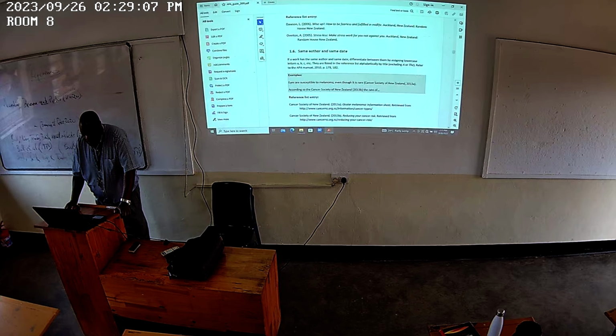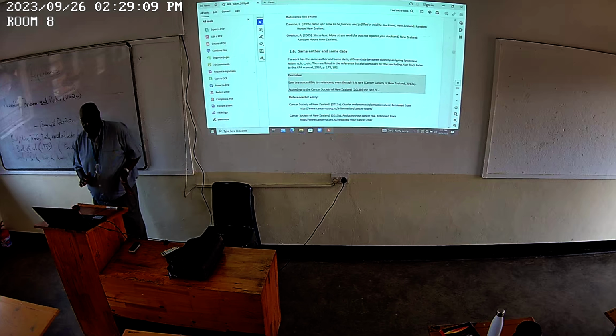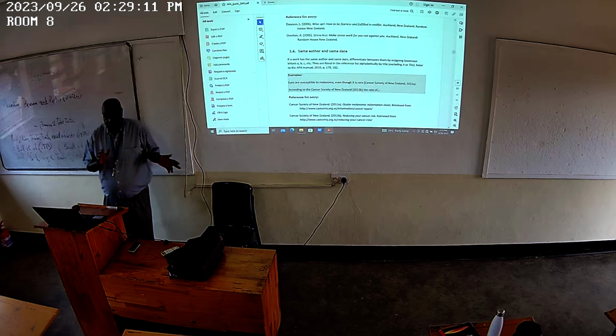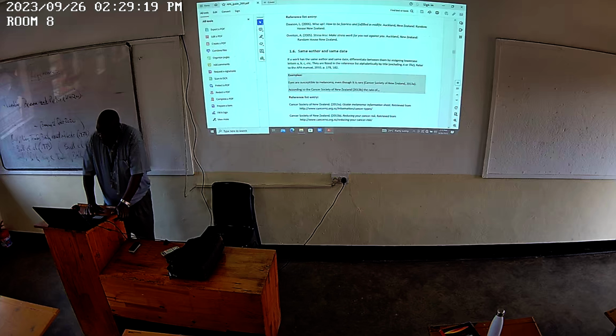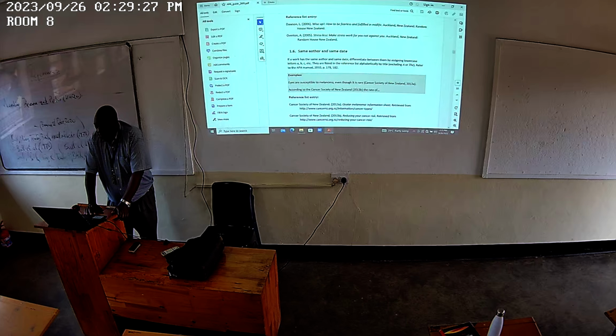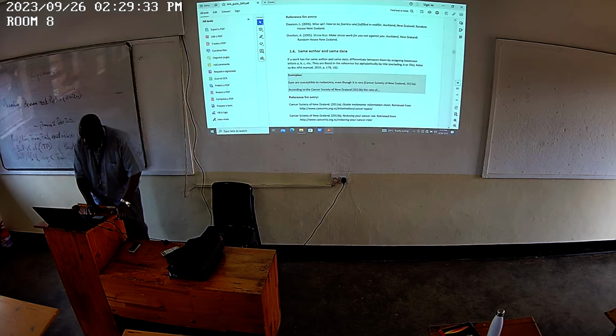But in the references, again: Cancer Society of New Zealand 2013a, Ocular melanoma information sheet, retrieved from that website. Cancer Society of New Zealand 2013b, Reducing your cancer risk, retrieved from.